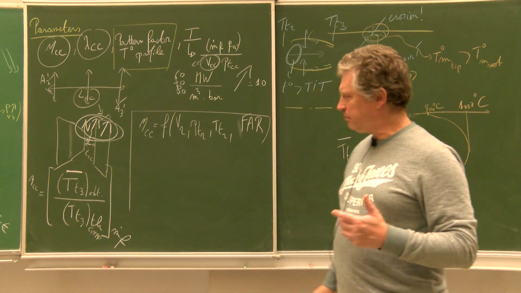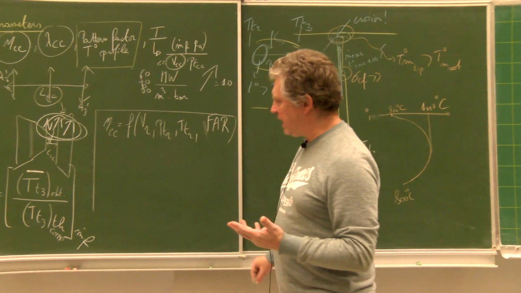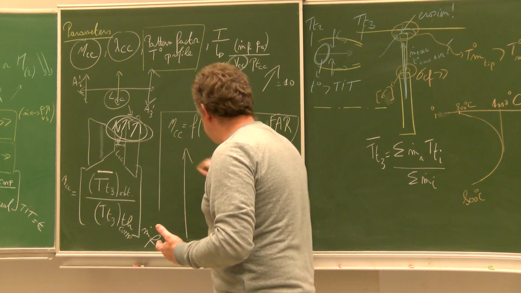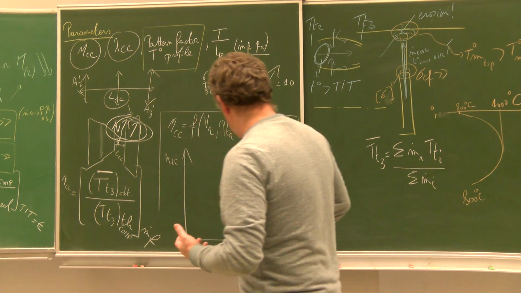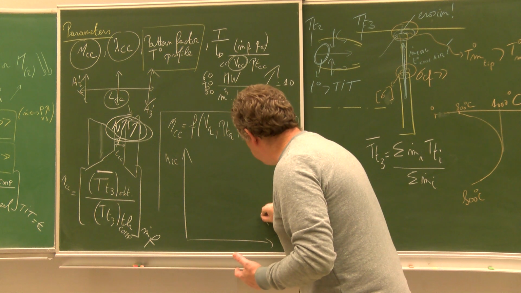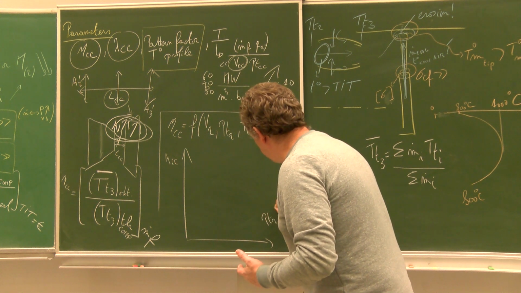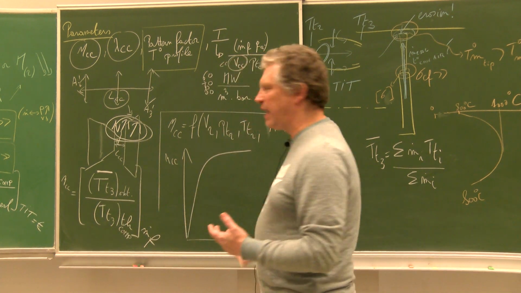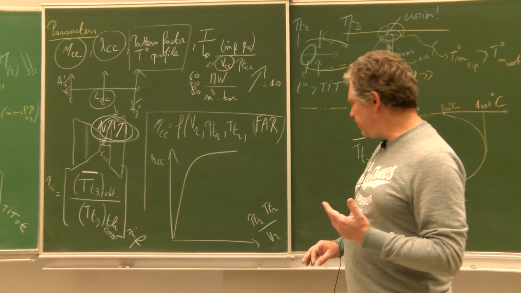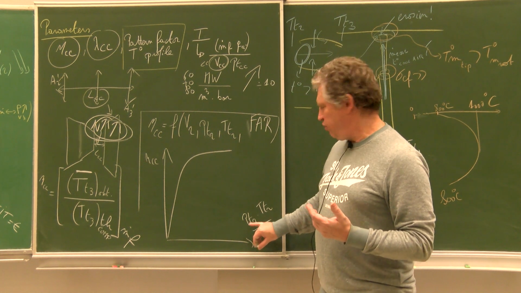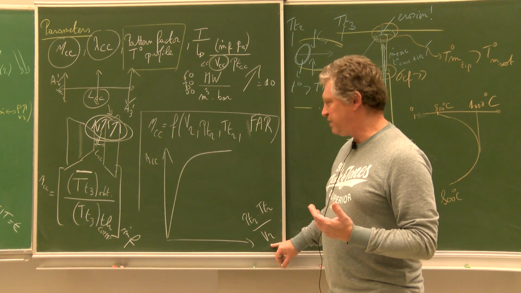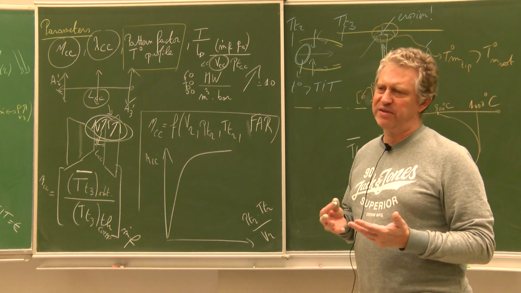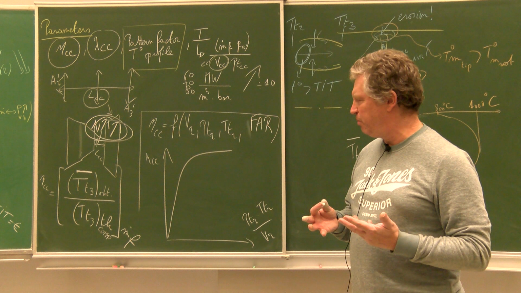And globally speaking, you will have eta Cc as a function of PT2 multiplied by TT2 divided by V2. You must be with a high PT2, you must be with a high TT2, you must be with a small V2. V2, this is more the speed at the entrance of the combustion chamber.